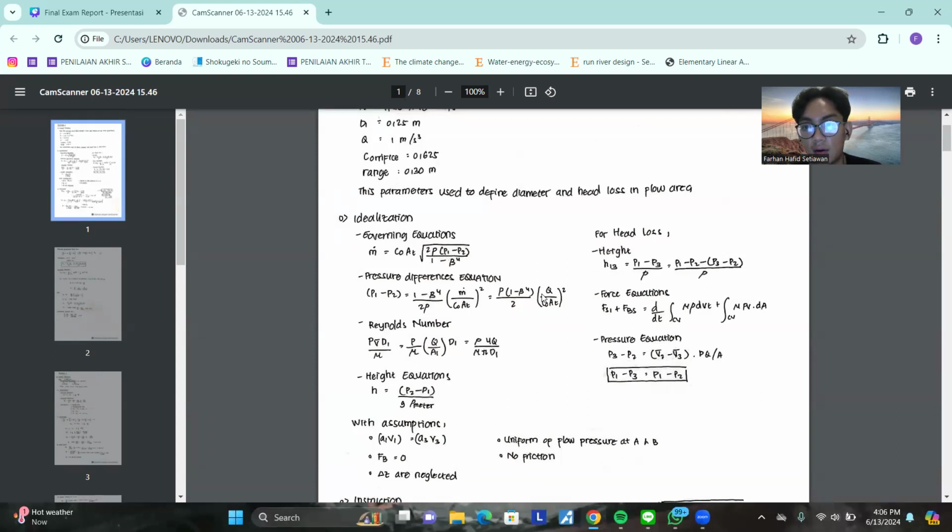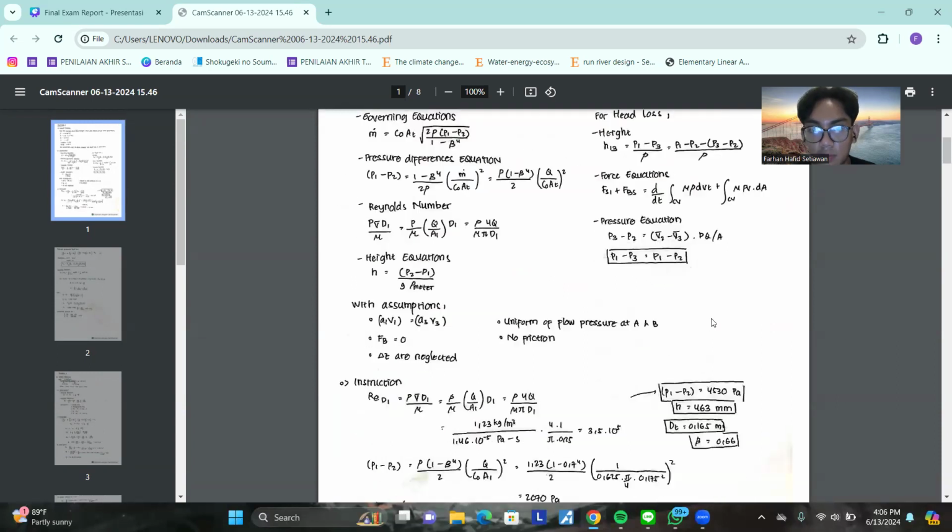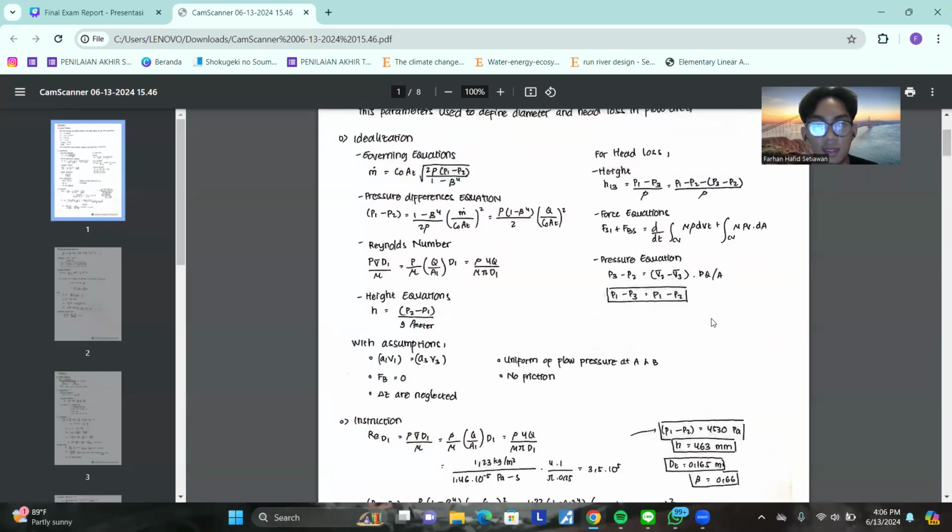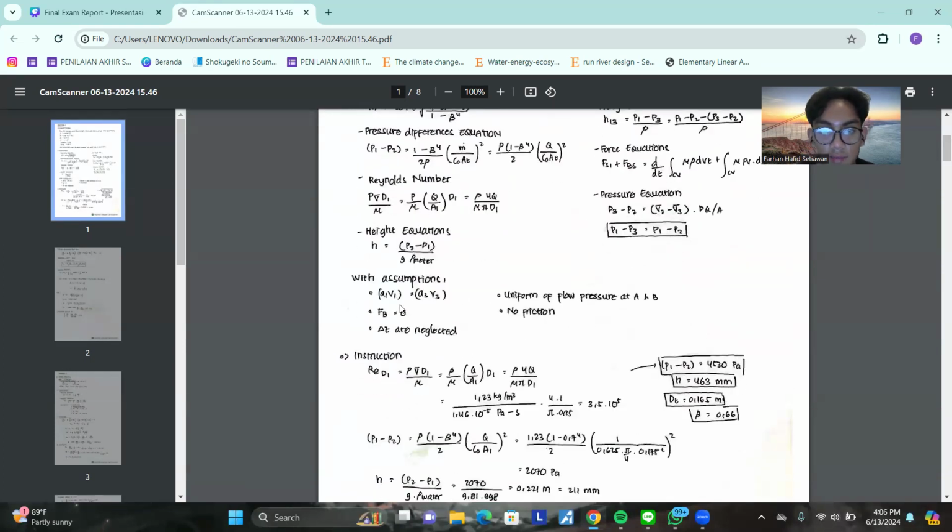The governing equations are the pressure difference equation, the Reynolds number, the head equation, and the fourth, the head loss equation. These are the formulas we use to define height, force equations, and pressure equations.